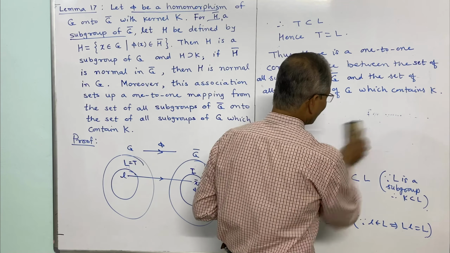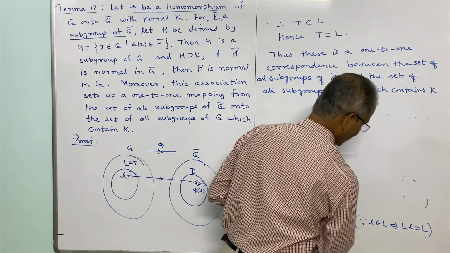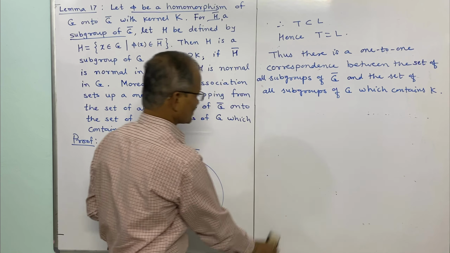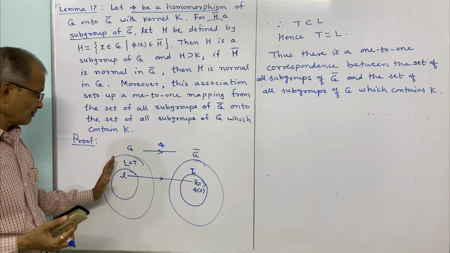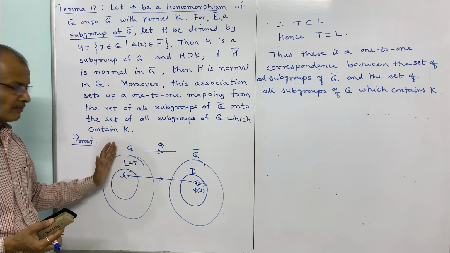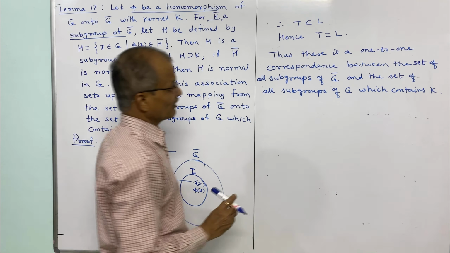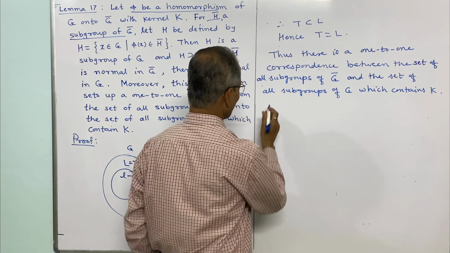And further, we have also proved that this correspondence has a relation: a normal subgroup of G is mapped to a normal subgroup of G bar, having its image as a normal subgroup of G bar.